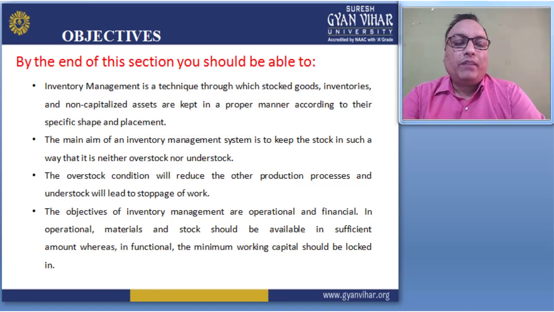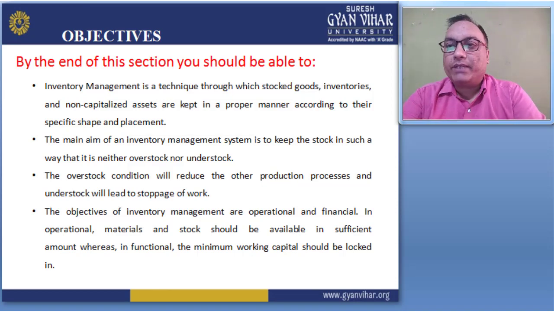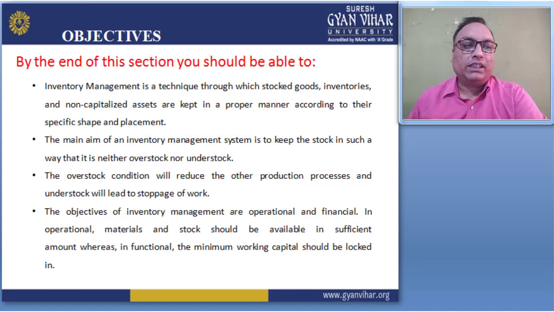And the main objective of this inventory management is here. The objectives of inventory management are operational and financial. In operational, material and stock should be available in sufficient amount, whereas in financial, the minimum working capital should be looked into. So these are the different kinds of objectives related to this lecture.